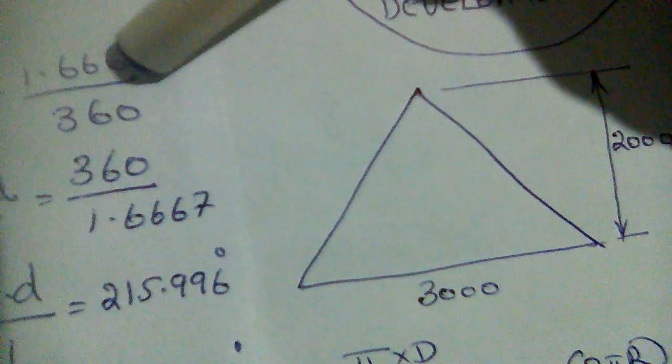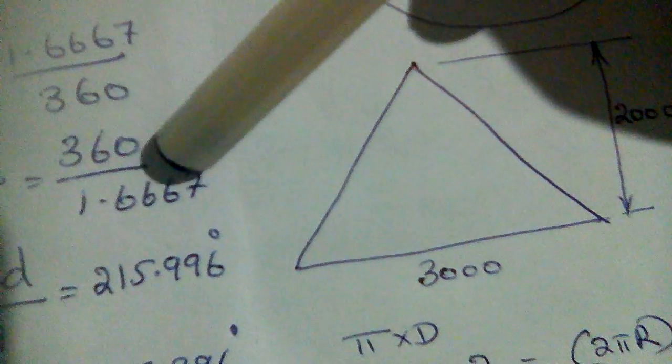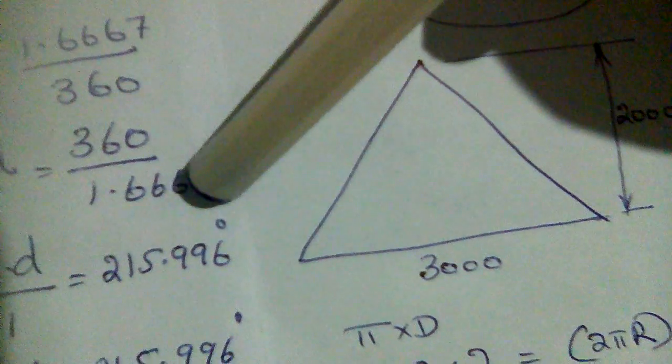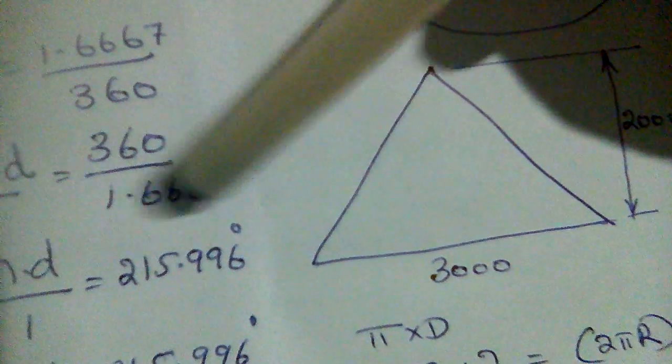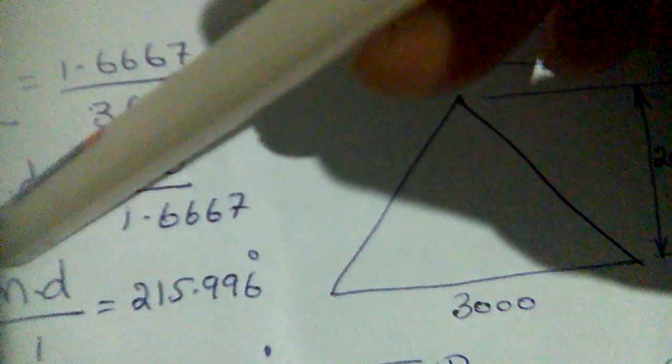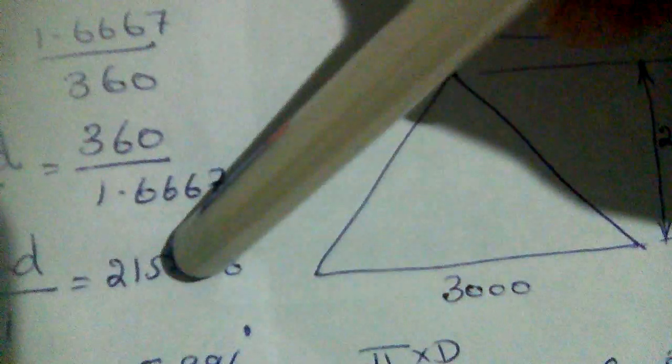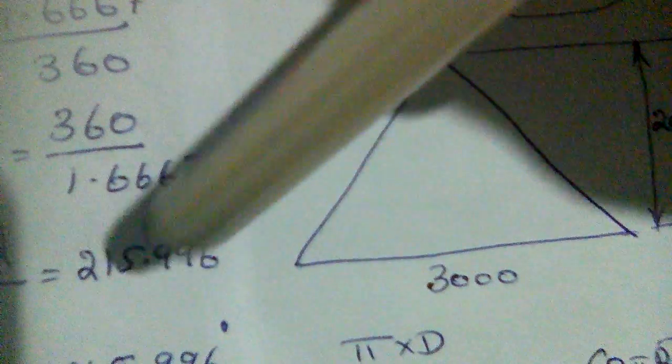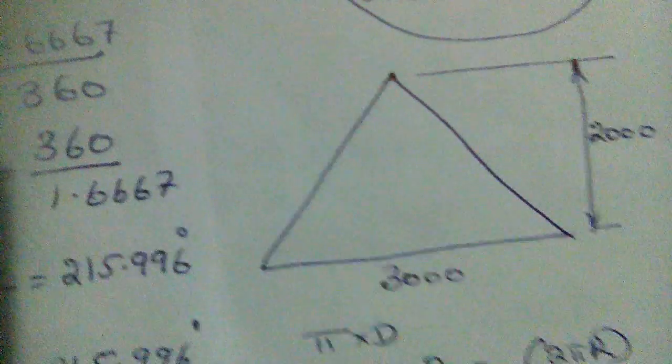So 360 by 1.6667, minor degree divided by 1 is equal to 215.996. We shall just check it in the calculator.